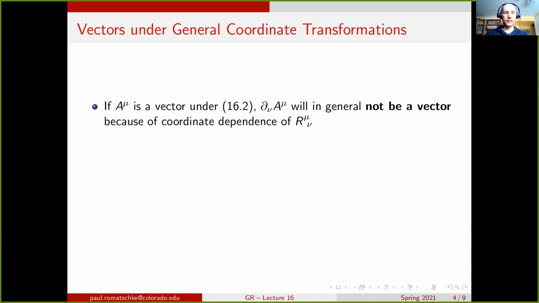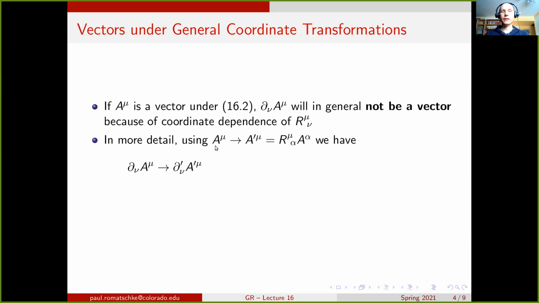This is not surprising. It will happen generically when we have some quantity such as A mu being a vector under coordinate transformations. The derivative of that vector will in general not be a vector or tensor under coordinate transformations. The reason simply is that if we have A mu transforming to A prime mu given by the transformation matrix dotted into A, the derivative will pick up a contribution that acts on the coordinate-dependent transformation matrix.